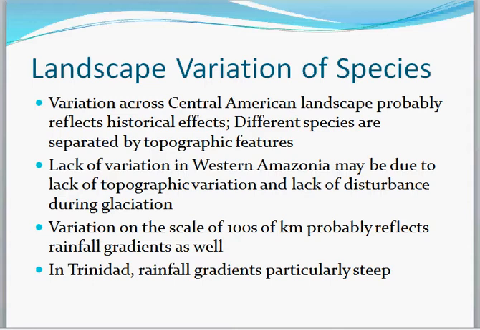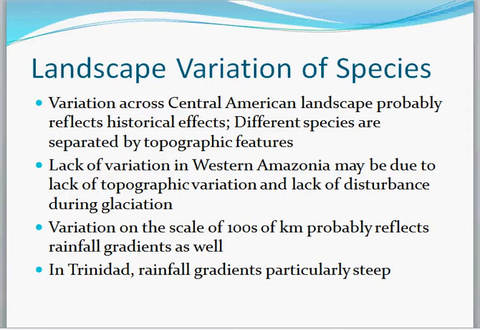Variation on the scale of hundreds of kilometers probably reflects rainfall gradients as well. Yeah, so you're going to have some species which specialize in the drier end of the spectrum or the wetter end of the spectrum. So you're going to get changes in your species composition as you move over these hundreds of kilometers.